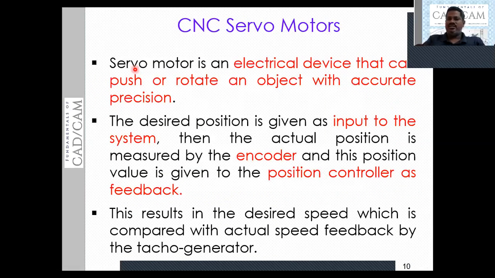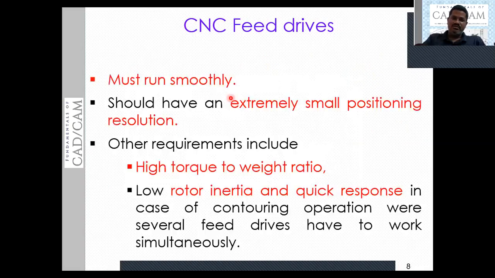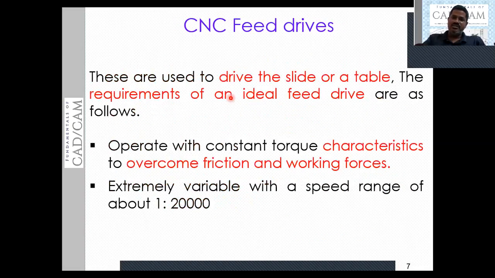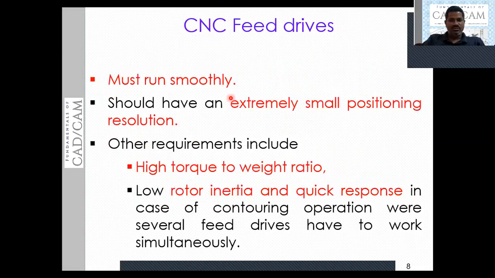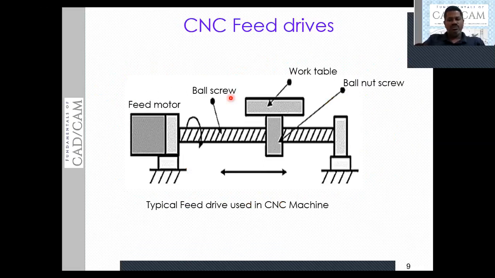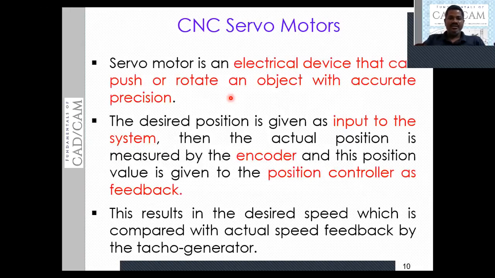A servo motor is an electrical device that can push or rotate an object with accurate positioning. In the case of the feed drive or the spindle drive, we have motors. Whenever we are able to rotate these motors in a precise manner, the movement of the table or the tool can be controlled precisely.